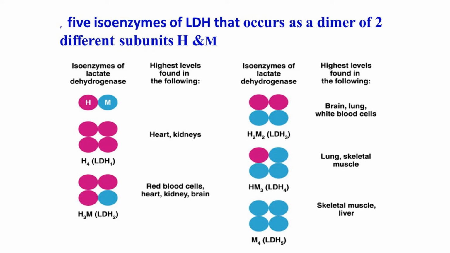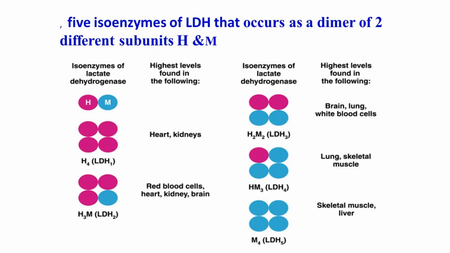Then lactate dehydrogenase 4 has 1 H and 3 M subunits. And finally, lactate dehydrogenase 5 is comprised almost completely of the M type, that is, the muscle. So it is mainly present in the skeletal muscles and the liver.